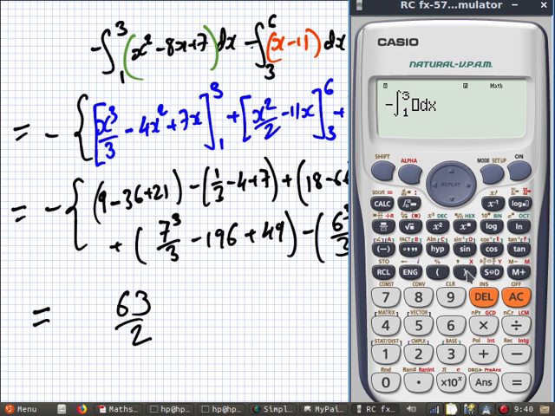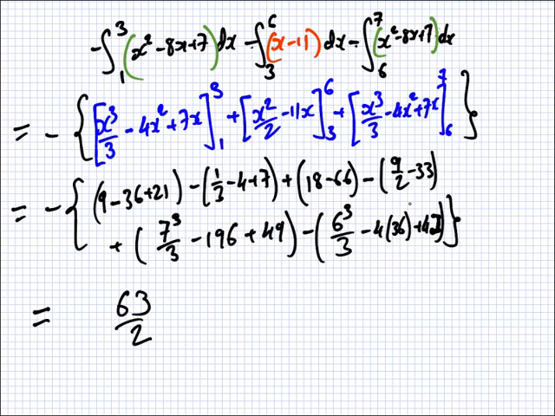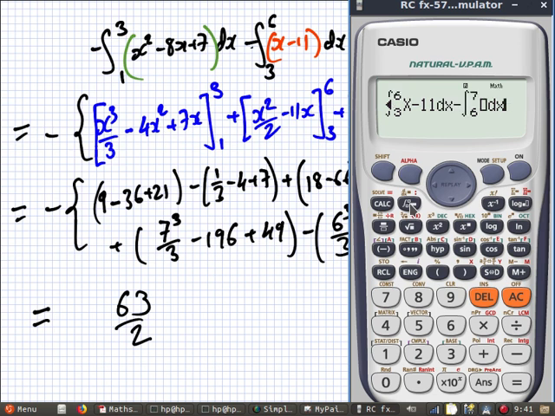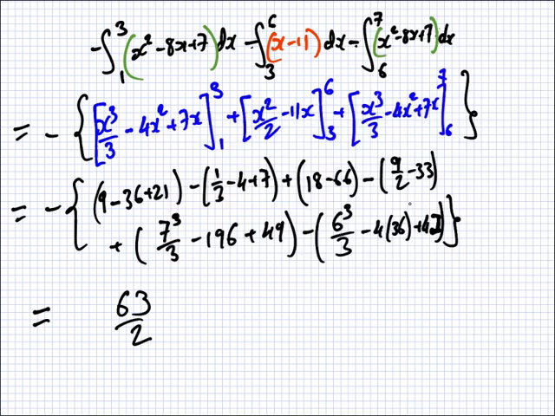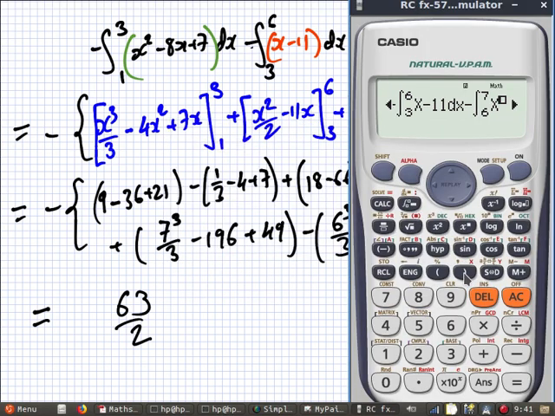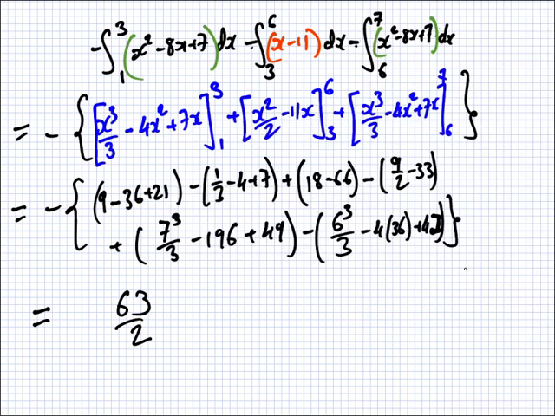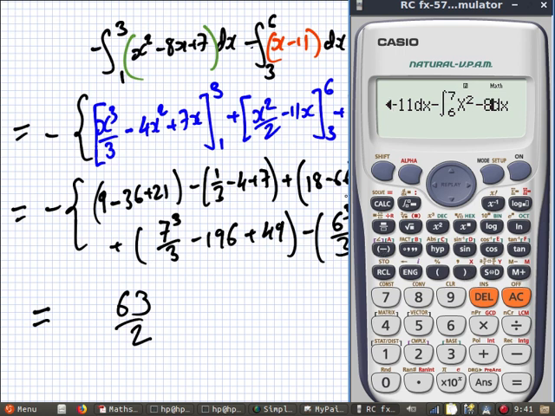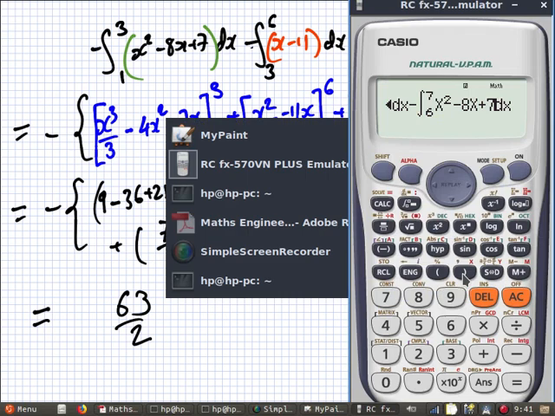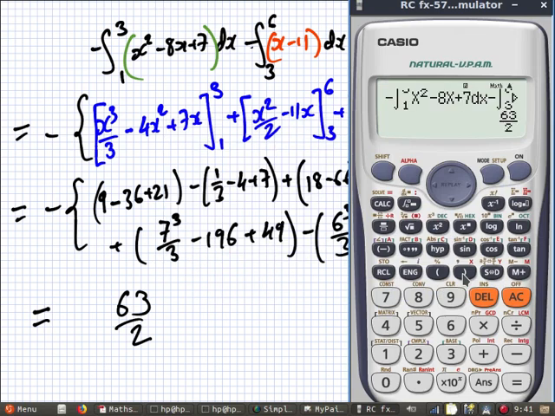Let's check our answer. Integrate x squared minus 8x plus 7, minus the integral from 3 to 6 of x minus 11, minus the integral from 6 to 7 of x squared minus 8x plus 7.